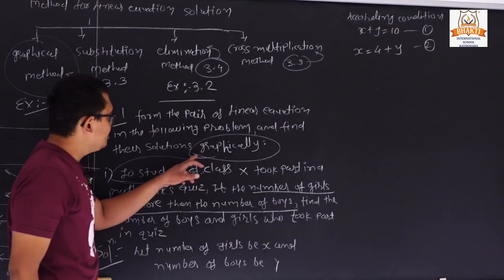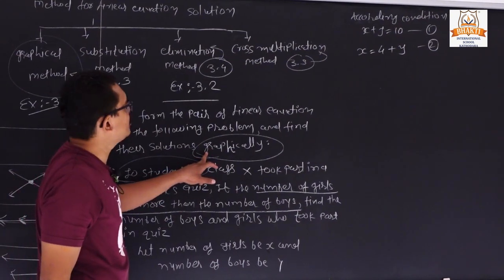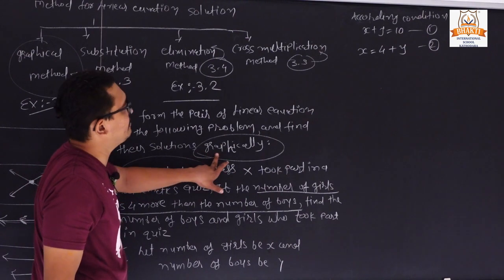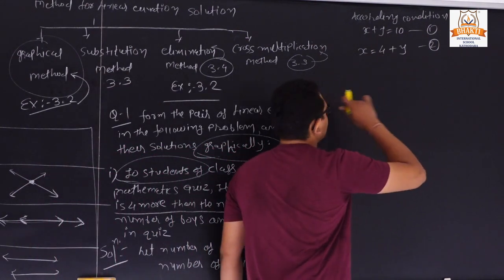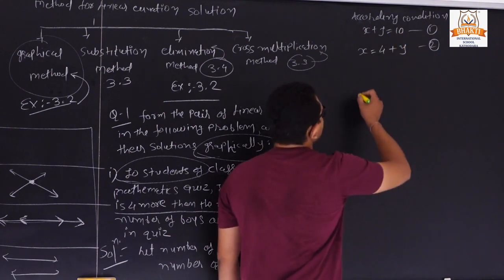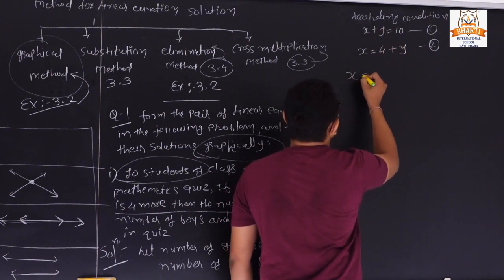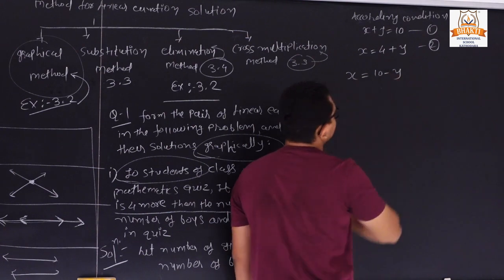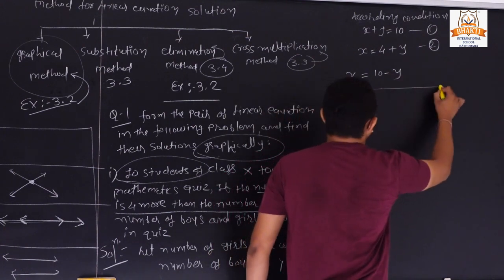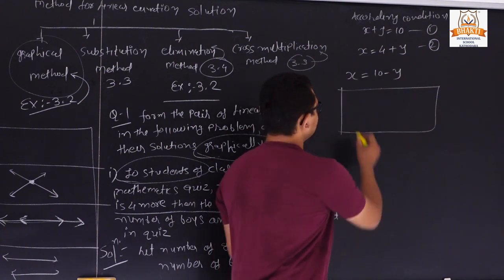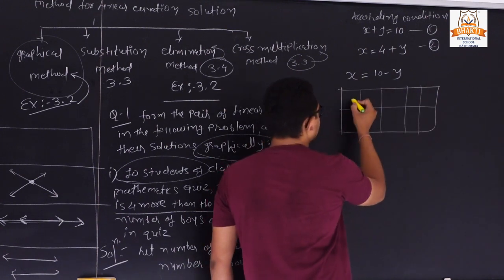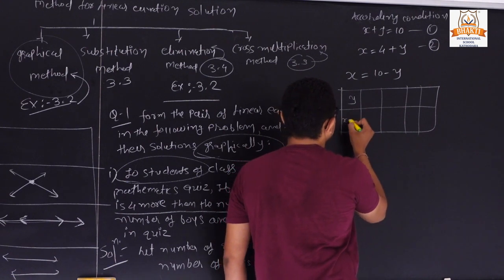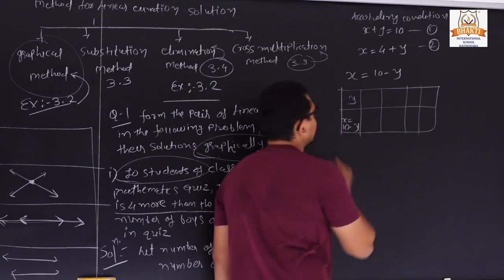Now if you want to find the solution using the graphical method, first of all we find its solution graphically. So here I am writing x is equal to 10 minus y, and now we are taking different values of y. So here I am writing y, and here x is equal to 10 minus y.